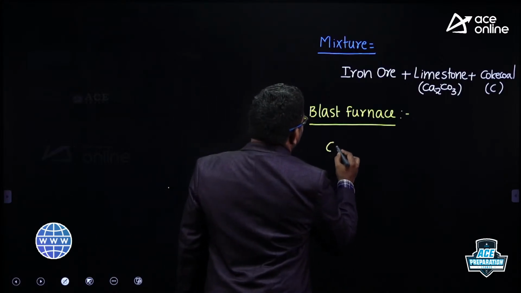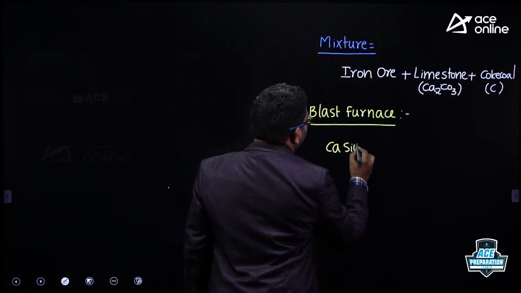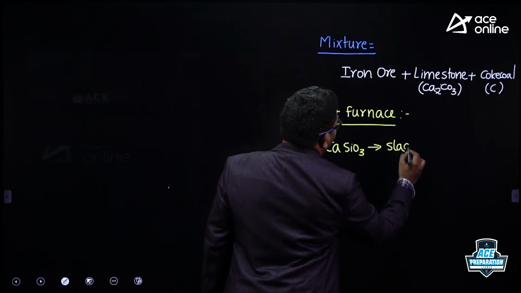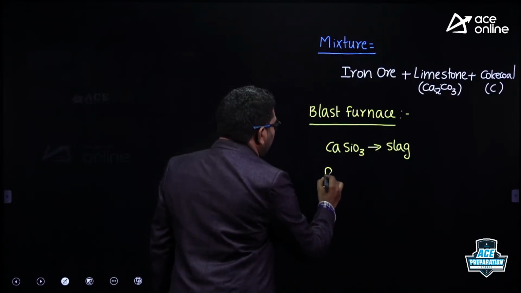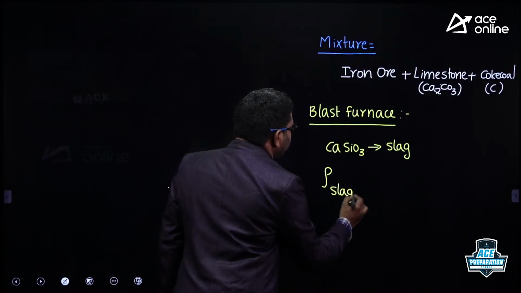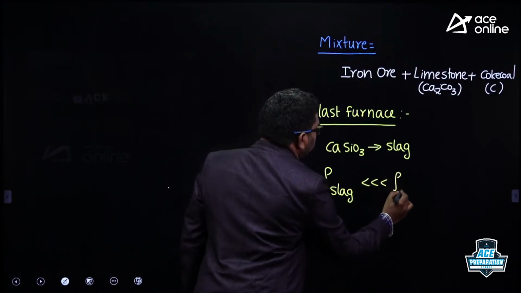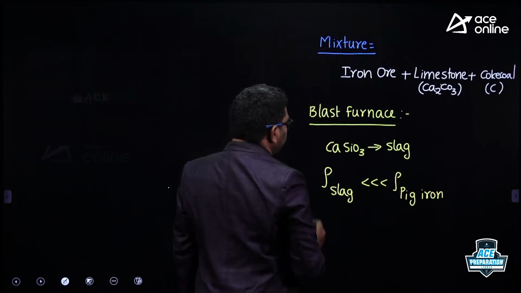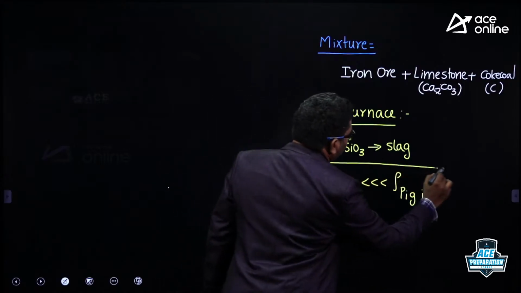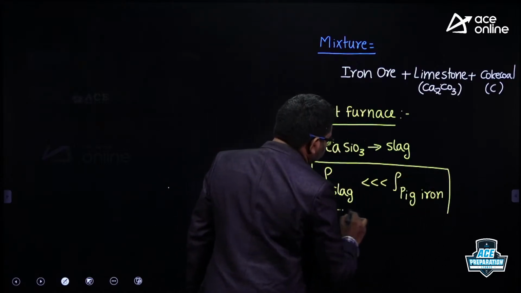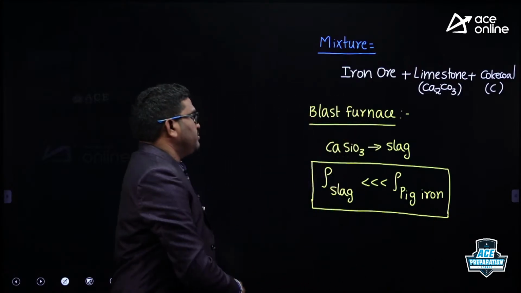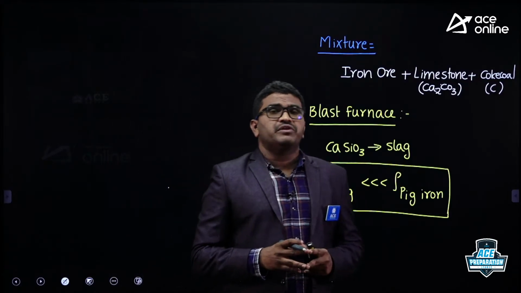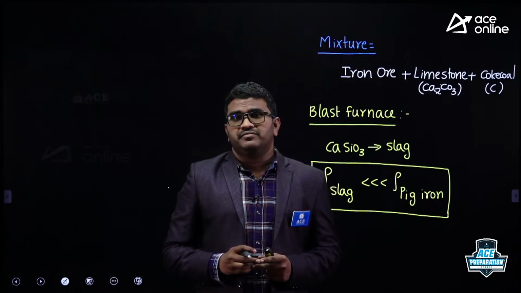Remember, calcium silicate, CaSiO3, that is the slag, and the density of the slag is much lesser than the density of pig iron. Because of the density difference, we are removing the slag from the pig iron easily. So from the blast furnace, what are we producing? From the blast furnace, we are producing pig iron. Understand?